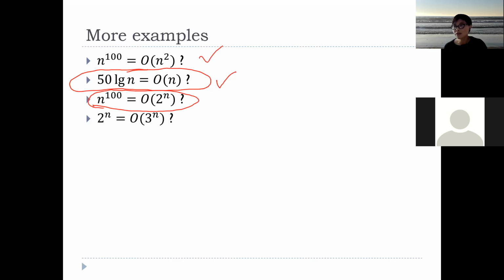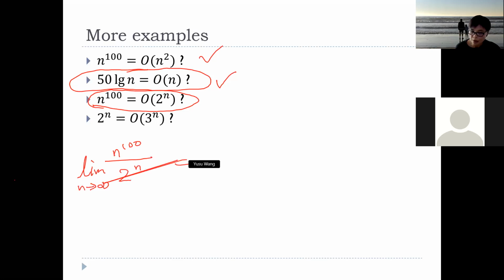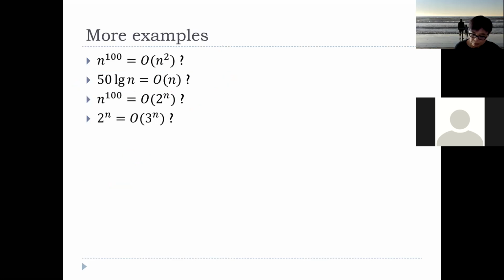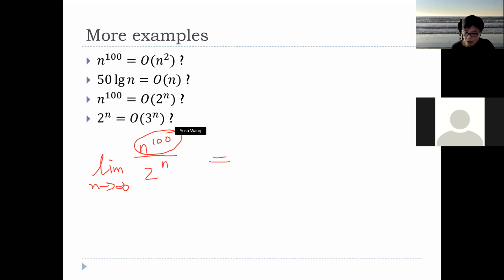Sometimes when it's not obvious, we again resort to this limit trick. So we can take the limit of n to the power 100 over 2 to the n. It turns out that this is a polynomial function, and this is an exponential function.